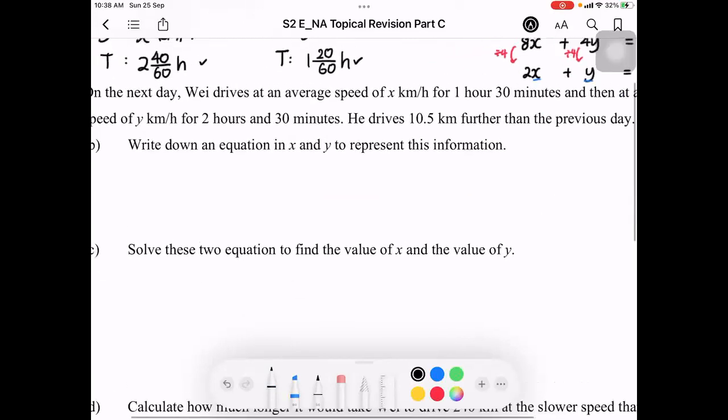On another day, next day, again distance, speed, time.